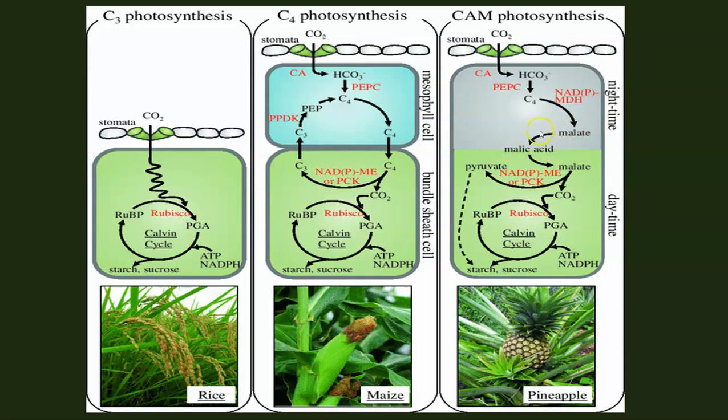And during the daytime, this malate gives out the CO2 when your stomata are closed, and this carbon dioxide is then taken up by your Calvin cycle. So it shows a C4 pathway, as well as a C3 pathway, which is followed in this process of photosynthesis. So these are your 3 cycles of photosynthesis, which are used for the fixation of carbon dioxide.